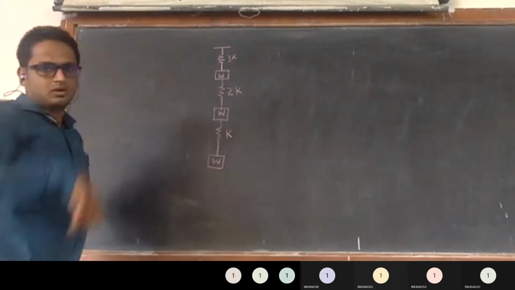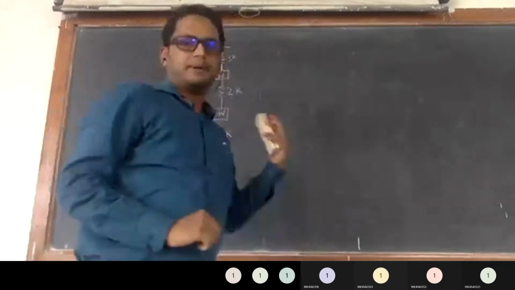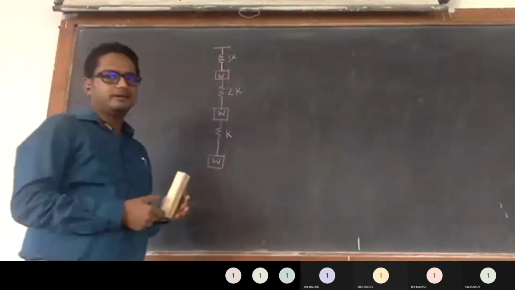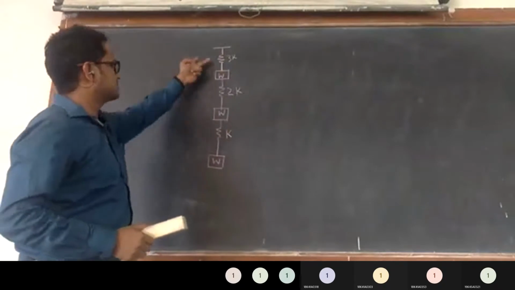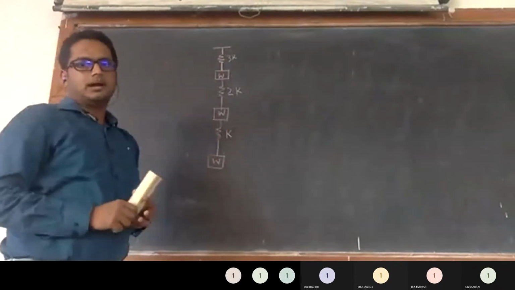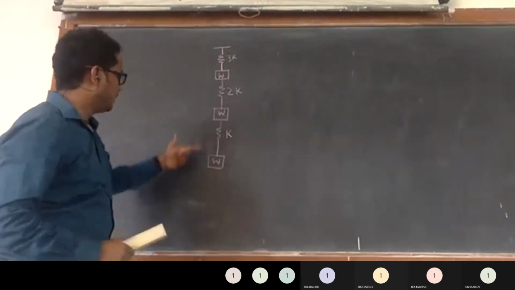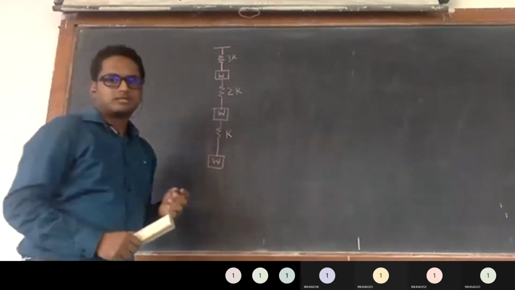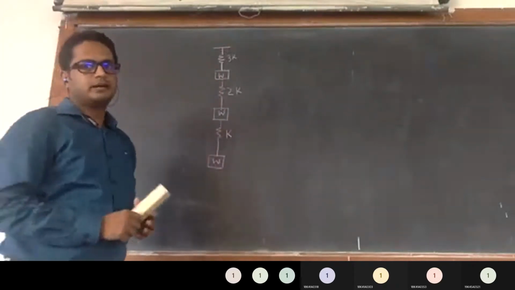Now you have to find out the nodal deflection. Let me read out the question. Depict a system of three linearly elastic springs, supporting three equal weights W, W, W, suspended in a vertical plane, so it is vertically suspended.